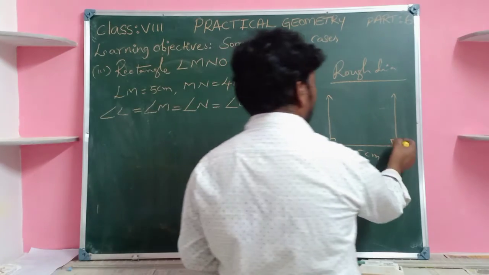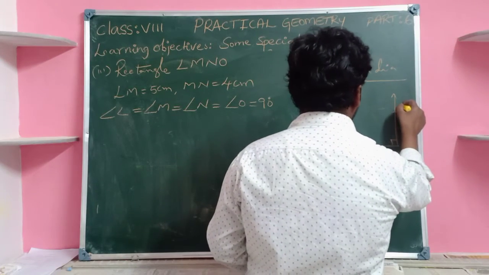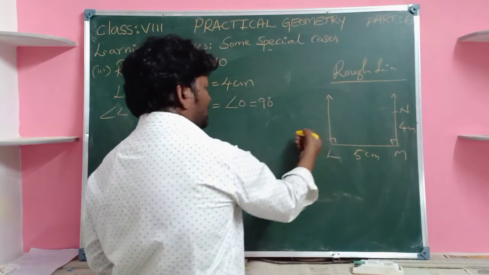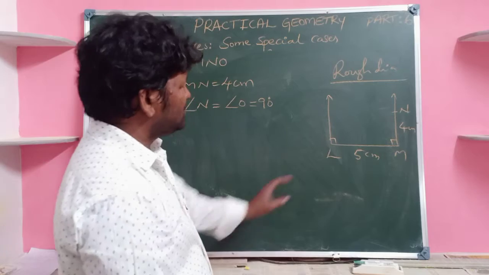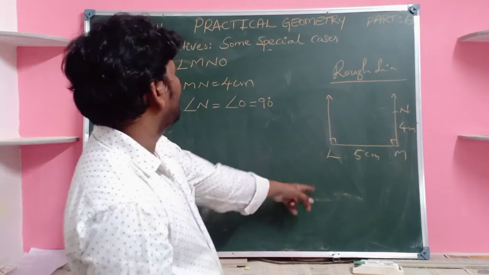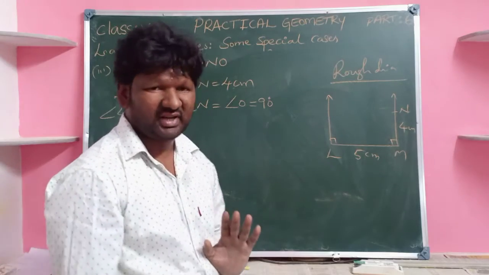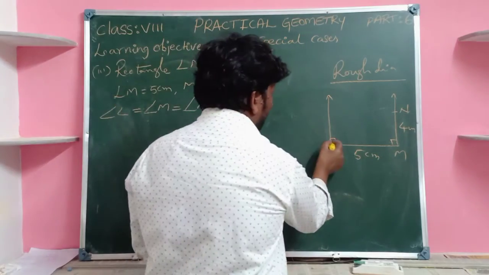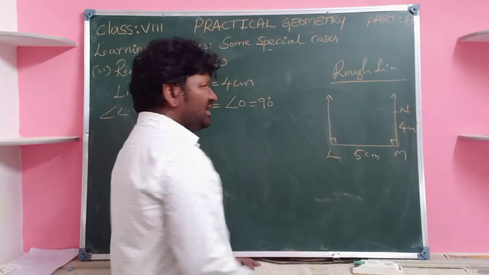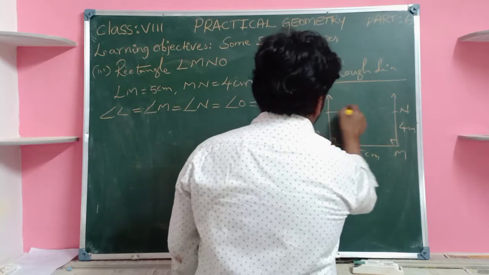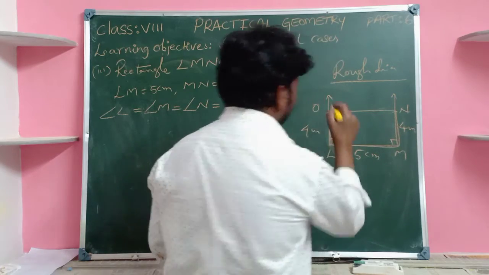Take M as a center with 4 centimeter radius, draw one arc. Because opposite sides are equal and parallel, if MN is 4 centimeter, LO is also 4 centimeter. Take L as the center with 4 centimeter radius and draw one more arc. So this O is 4 centimeter. So this is our rectangle.